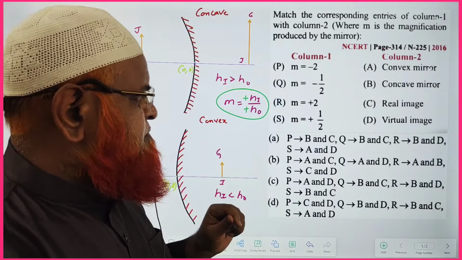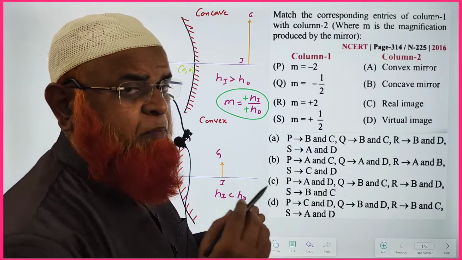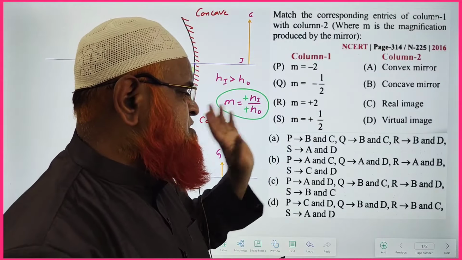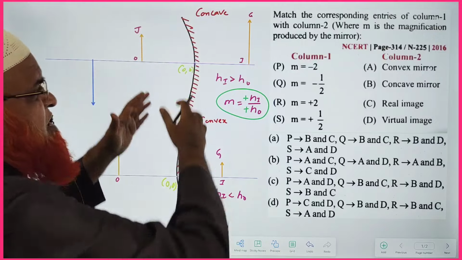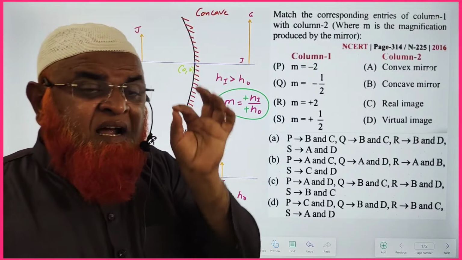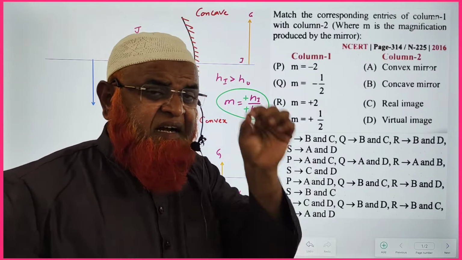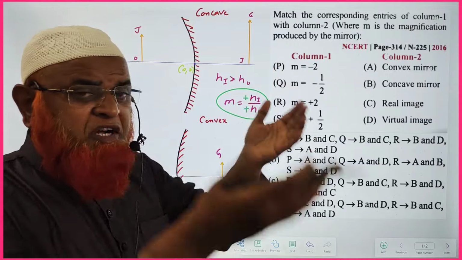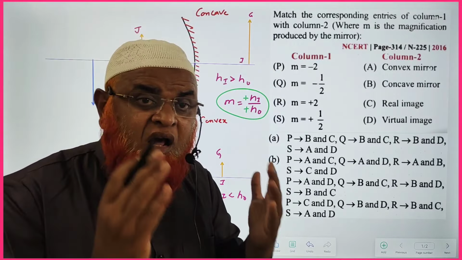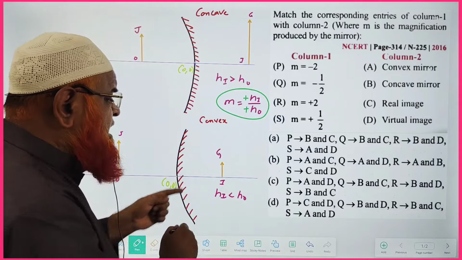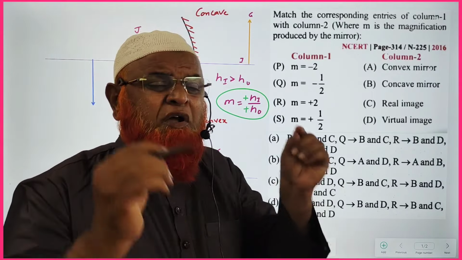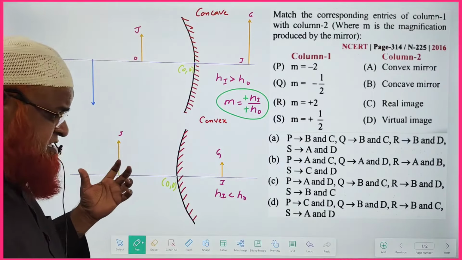So here, how many are positive cases? M is equal to plus 2, M is equal to plus half. In the case of a concave mirror, you should remember that definitely the image can be larger than the object, whereas in a convex mirror, the image is definitely going to be smaller than the object.